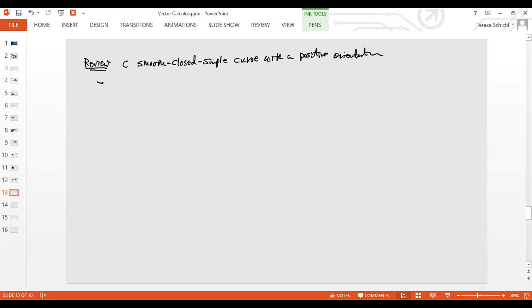Also, my vector field F of x, y is equal to P of x, y i plus Q of x, y j.